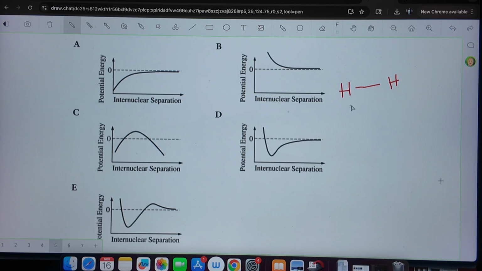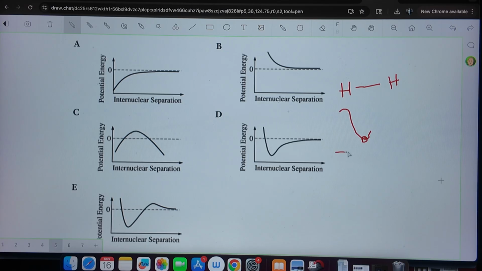When they're close, first there is a repulsion that is pretty high. So the repulsion should start off up here when they're too close, like the other graphs that we looked at earlier. And then there should be a drop down, and that's the optimal bond, right?